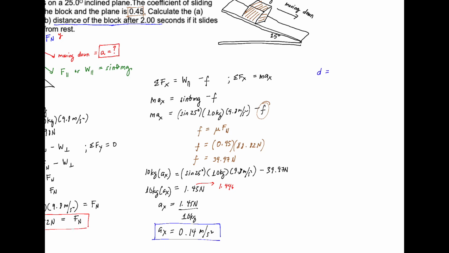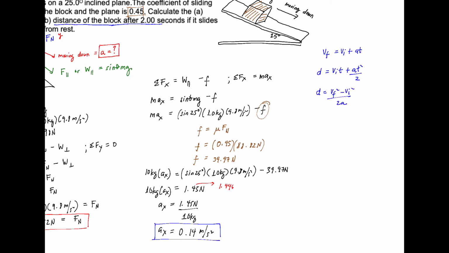We have d equals vi t plus a t squared over 2. We also have vf equals vi plus at. And then we also have d equals vf squared minus vi squared all over 2a.